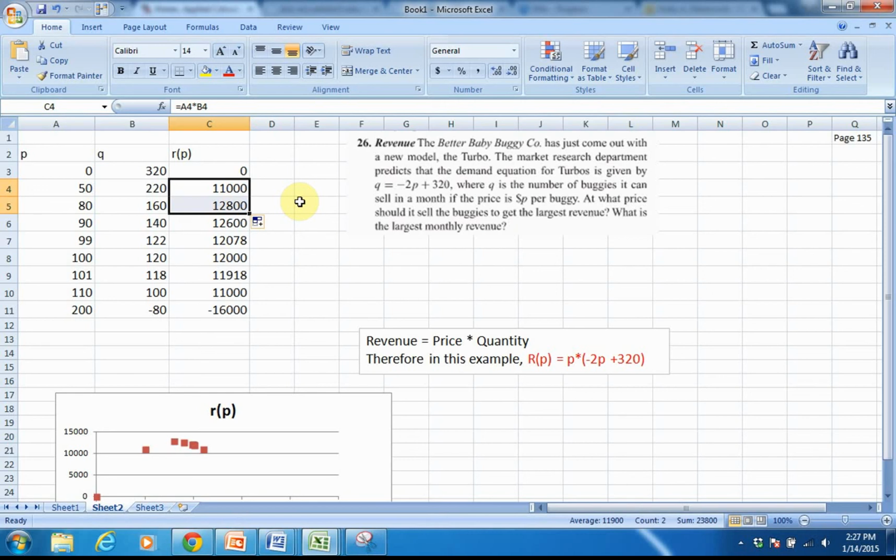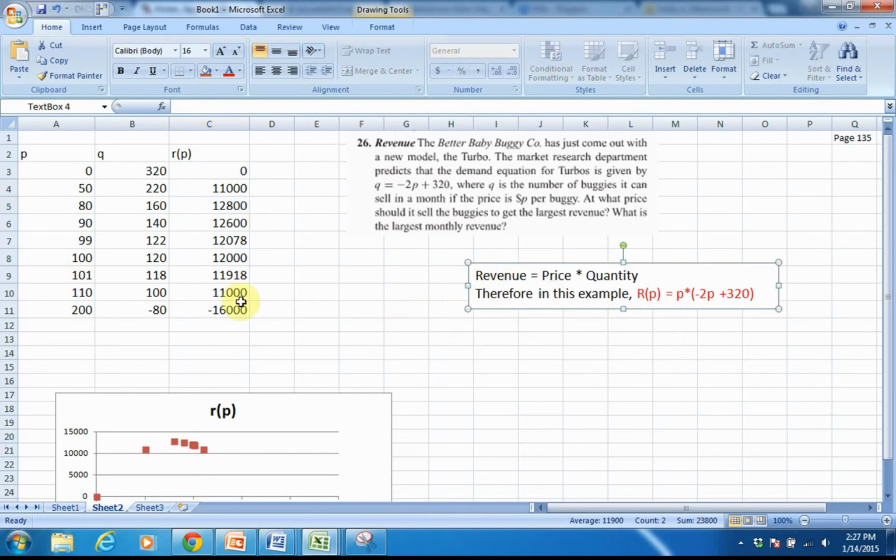So it certainly looks like we're getting closer to that maximum value for revenue. What I want you to do for a second now is continue to look at the spreadsheet, play with it a little bit, manipulate it, and see if you can close in on that value. Remember, we're looking at that kind of limiting value as we approach from the right and from the left.